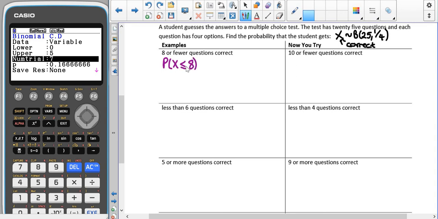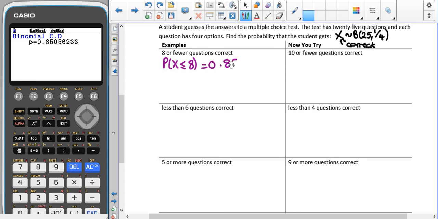So it's going to include 8, so less than or equal to 8. So our lower is 0. Our upper is going to be 8. The number of trials, as we said, was 25. And the probability is 1 out of 4. So we end up with 0.851 to 3 significant figures.